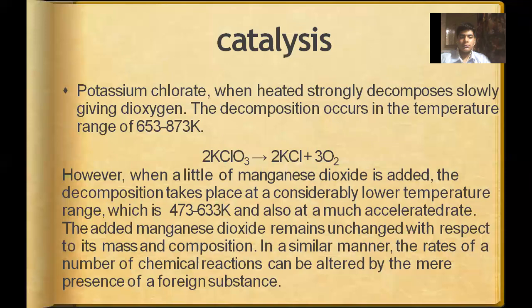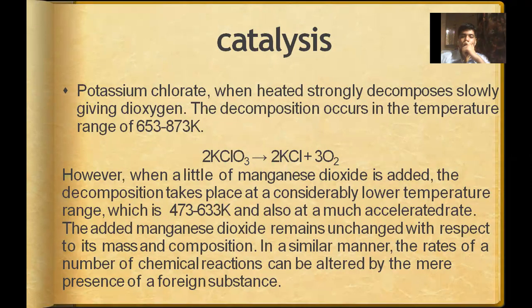The ratio of KCl and oxygen is balanced, by the law of conservation of mass, which we studied in the previous class. So this will be the same ratio, but magnesium oxide increases the rate of reaction and lowers the temperature. The reaction which started at 653 is now performed at 473, so there is a difference of approximately 200 Kelvin.